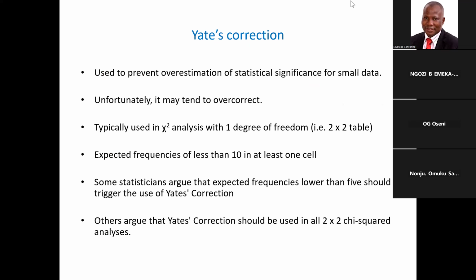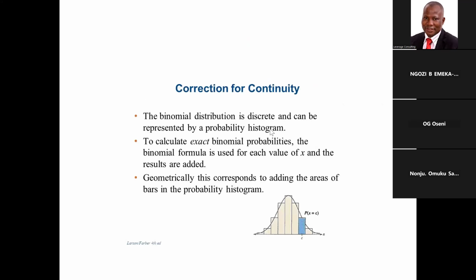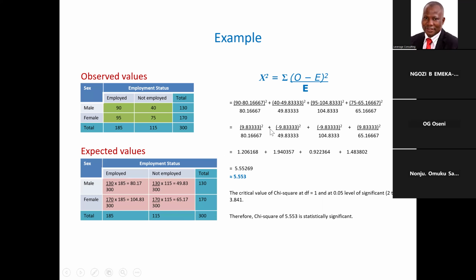Sorry, sir. The last slide. So you're saying that any value that is less than the level of significance. Any value, if you calculate chi-square now, that is less than 3.841, because 3.841 is the critical value for chi-square, degree of freedom 1, at 0.05 level of significance.